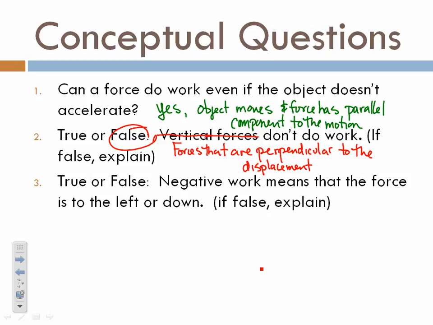No, negative work means that the force is taking energy away. It is not about direction. Work does not have direction. It's not up, down, left, right. It's either work where you transfer energy in or you transfer energy out. Those are your only two choices. But that's what positive and negative mean for work.